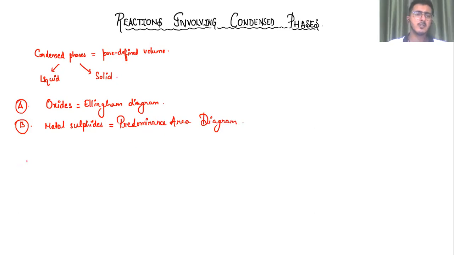Okay, so let us start with your Ellingham diagram. Let us see what your Ellingham diagram is and what the different observations for your Ellingham diagram are. The very first part you need to understand is that this Ellingham diagram basically tells us about the free energy relation with your temperature, right? So this is nothing but your delta G versus T curve.